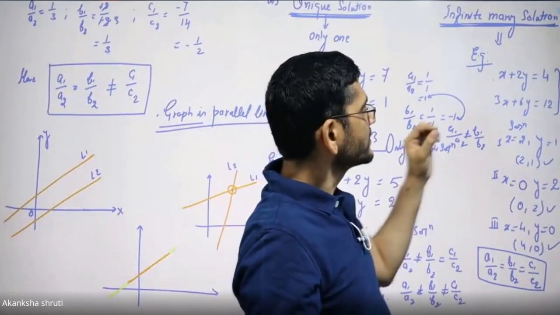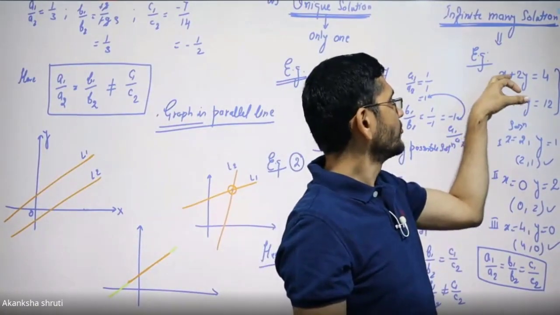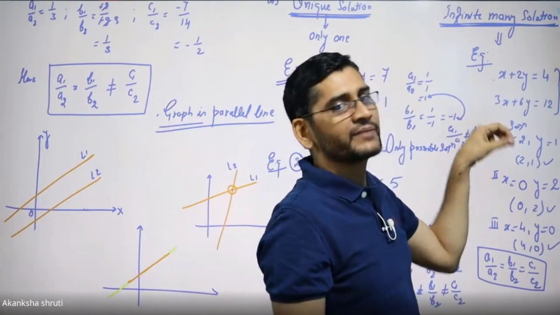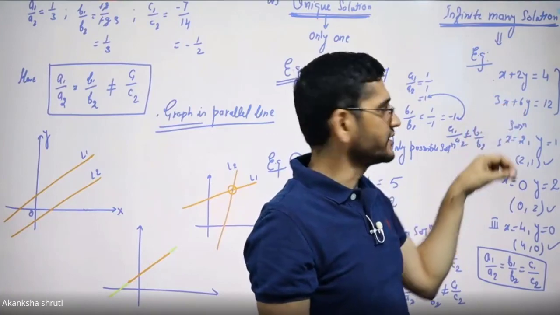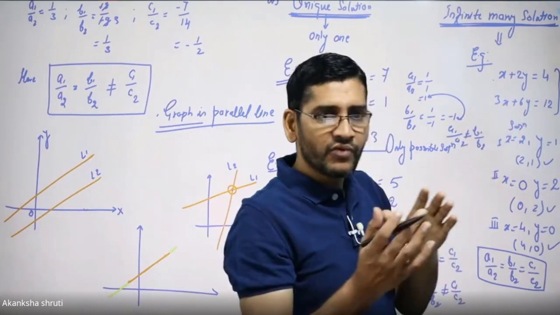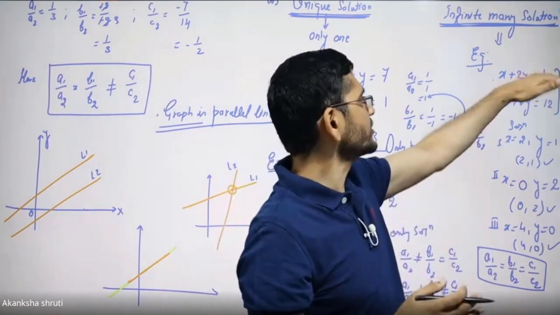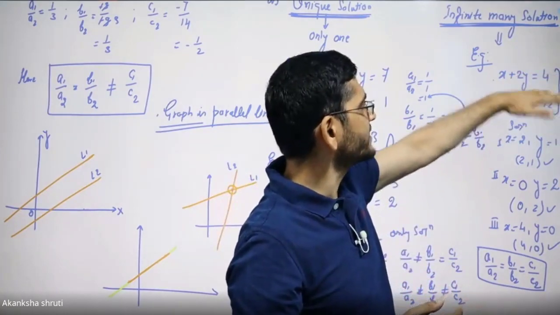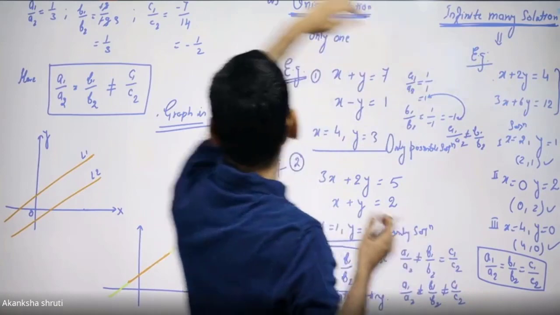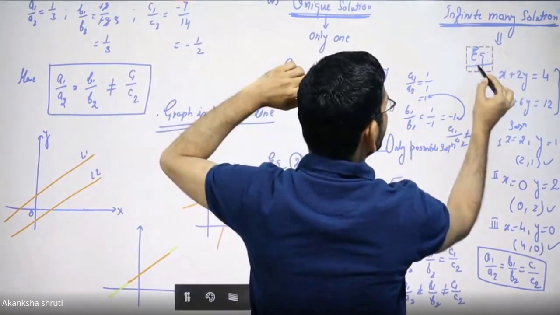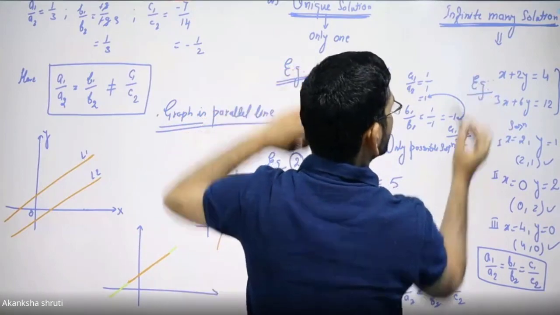Students, this term, like one of these equations can be derived from the other either by multiplying or dividing the other. Means one equation is just depending on the other. Means these two equations are not different, rather these two equations are the same thing and they are depending on each other.